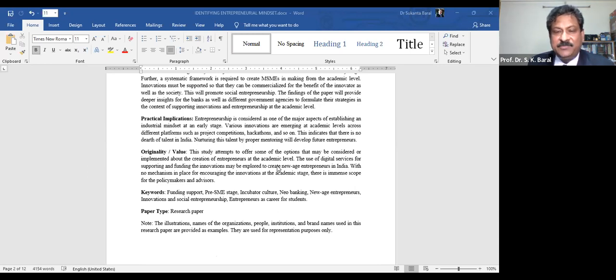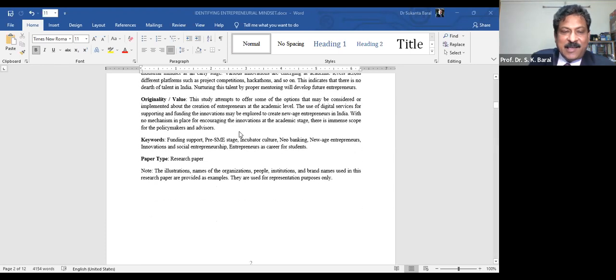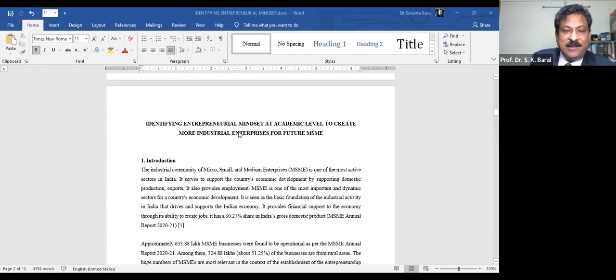The use of digital services for supporting and funding innovations may be explored to create new age entrepreneurs in India, looking into Atma Nirbhar Bharat, Make in India. With no mechanism in place for encouraging innovations at the academic stage, there is immense scope for policymakers and advisors. So with this, I have started the introduction.